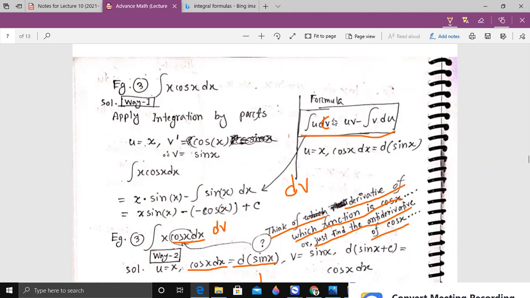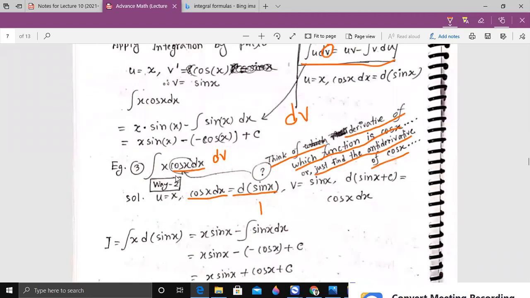Lucy, can you see here? Yes, okay. So that's why we have to convert this cos x dx to dv. So we just find the antiderivative of cos x, okay? So the antiderivative of cos x will be sin x. You see here, I just wrote a small question mark.